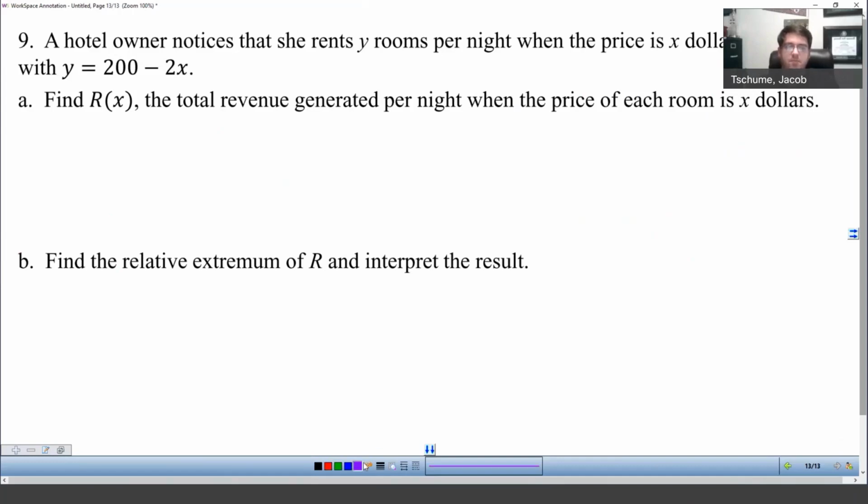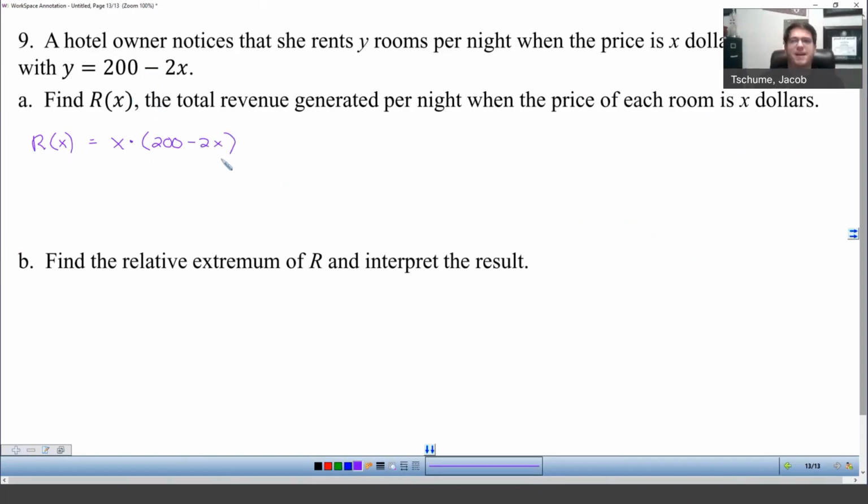So if you remember back in a previous section, we talked about how to find a revenue function if you don't have it given to you. So what we can do here is to find the revenue function. We are going to take the variable X and multiply it by the function that you are given, which is 200 minus 2X.